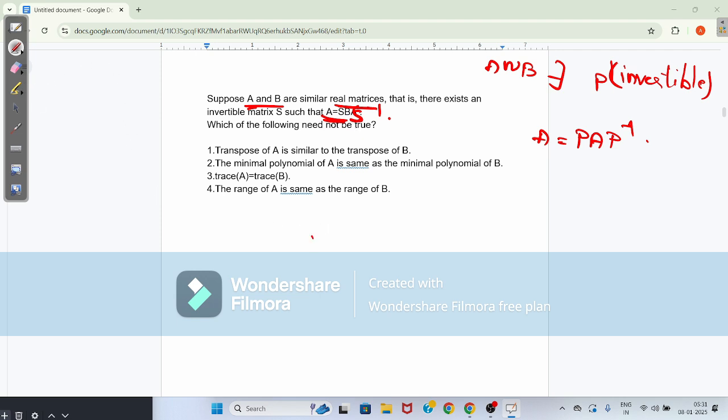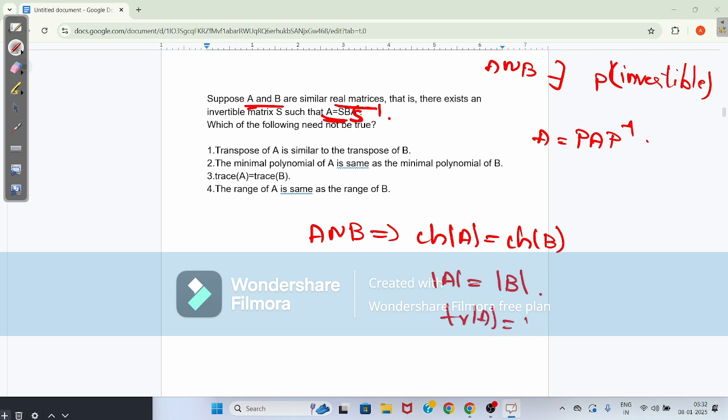Now if A is similar to B, what will we get here? Characteristic polynomial of A is equals to characteristic polynomial of B. Determinant of A is equals to determinant of B. Trace of A is equals to trace of B. Minimal polynomial of A is equals to minimal polynomial of B. Eigenvalue of A is equals to eigenvalue of B here.